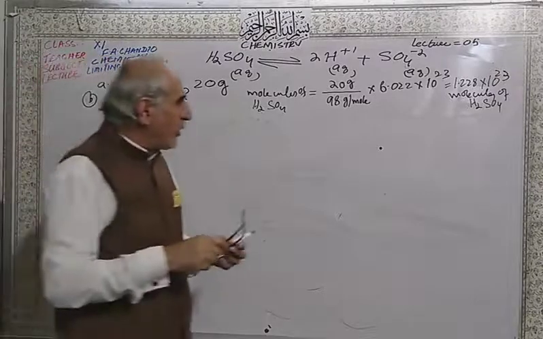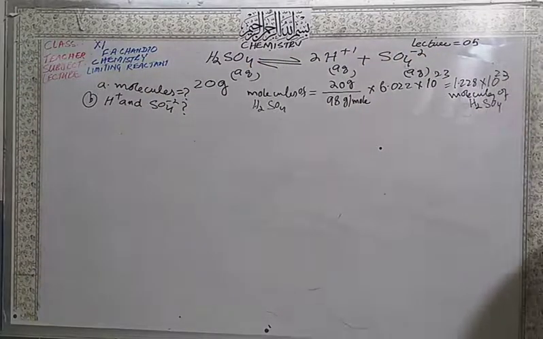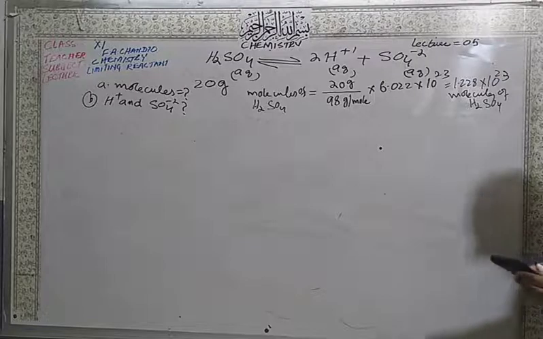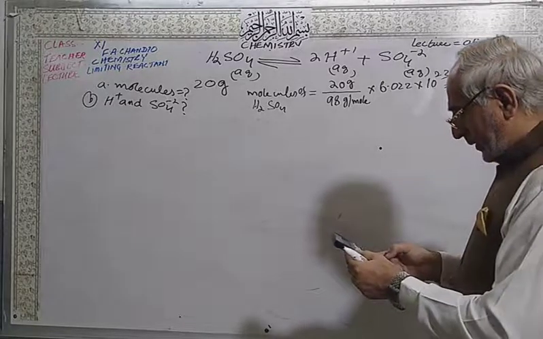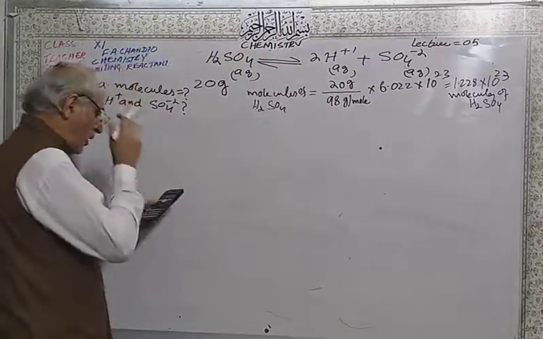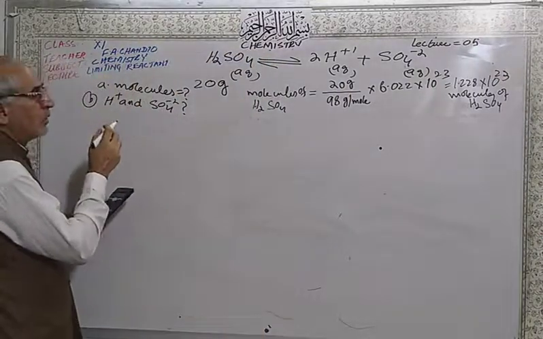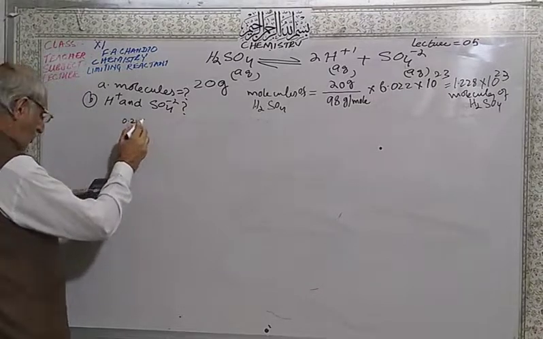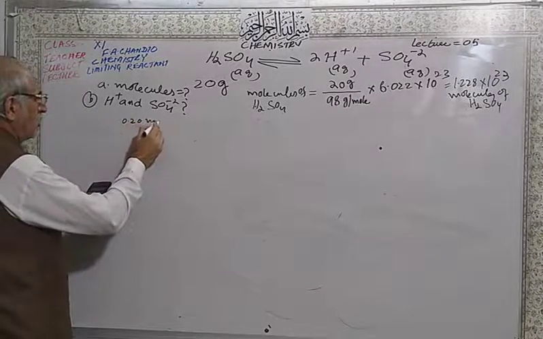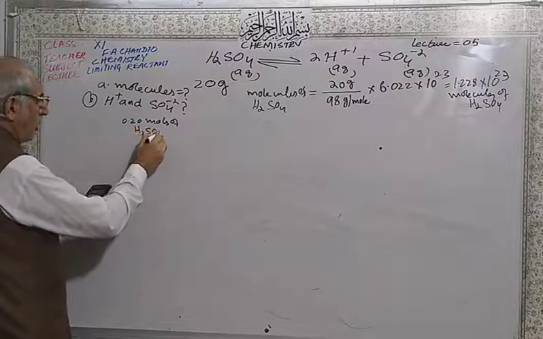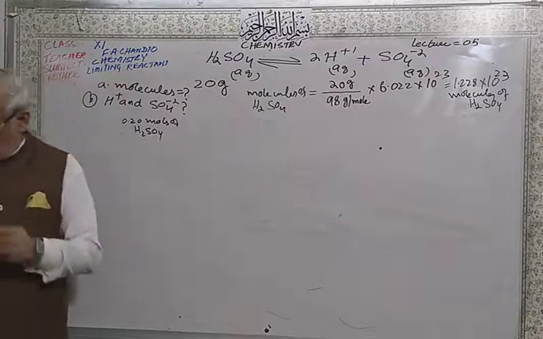The formula is given: 20 divided by 98. The number of moles is 0.20 moles of sulfuric acid.